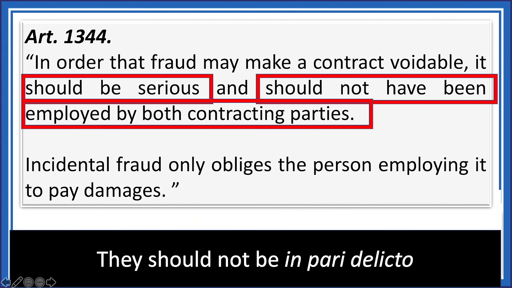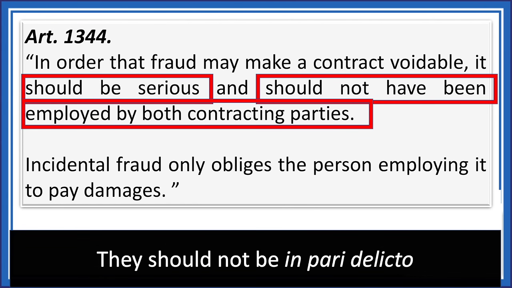So, that is not causal fraud. Because if both parties employed fraud, they are both cheaters, oh my God, right? So, meaning, the fraud neutralizes that of the other. And so, the law considers the contract as valid. After all, they are on equal footing.